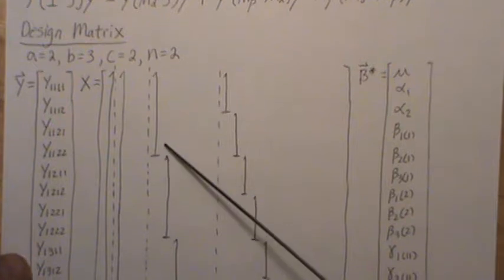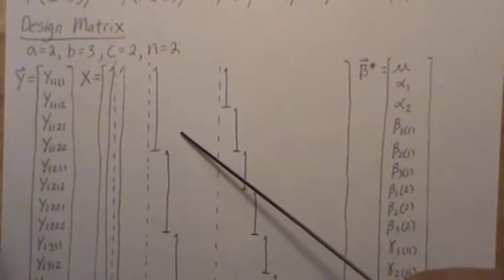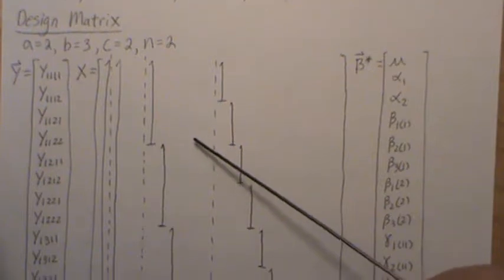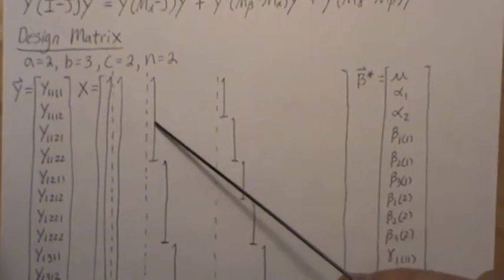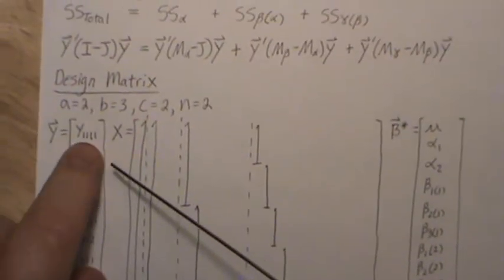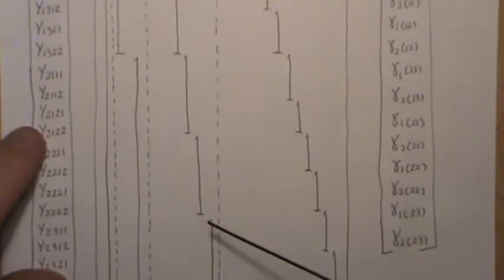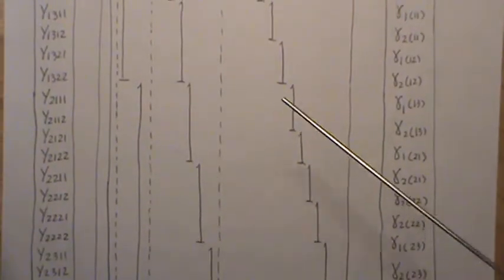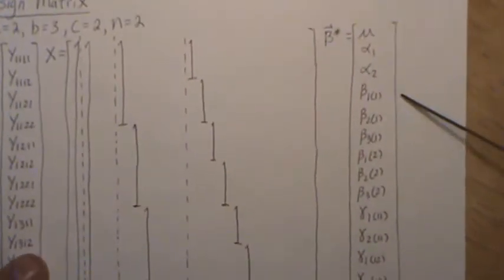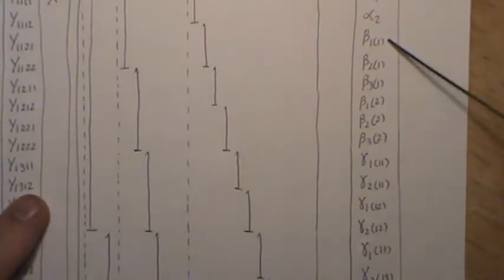Then the next columns deal with factor B. But remember, there are 6 different levels, so it's 1, 2, 3, 4, 5, 6. We just label them 1, 2, 3, 1, 2, 3 in the model, but really they're separate. So there's 6 betas corresponding to that.